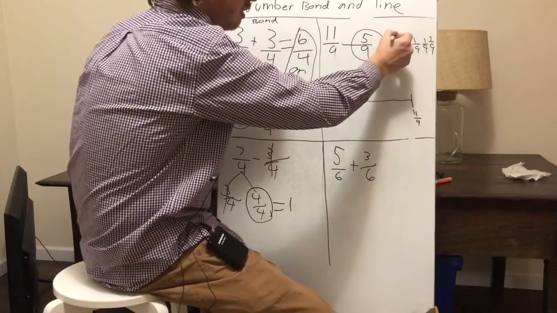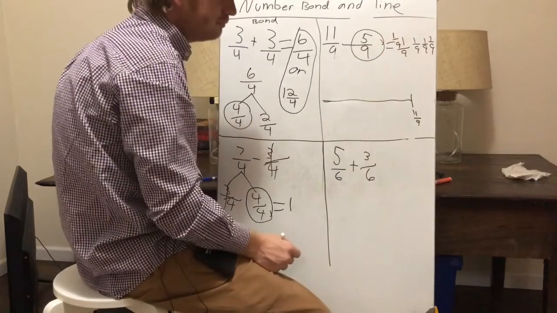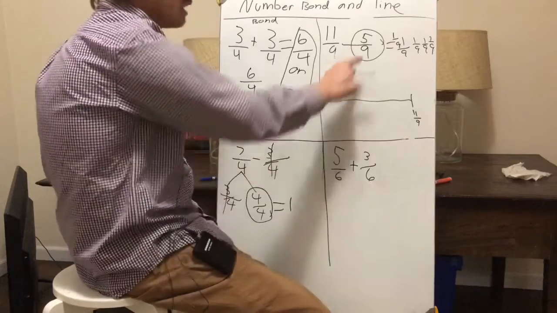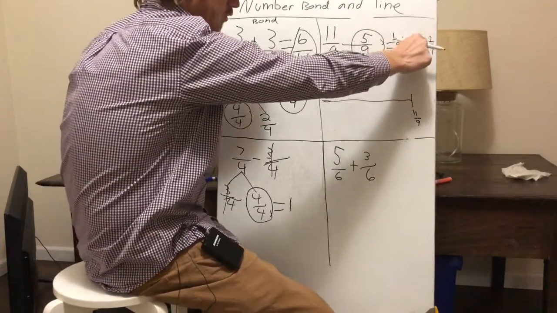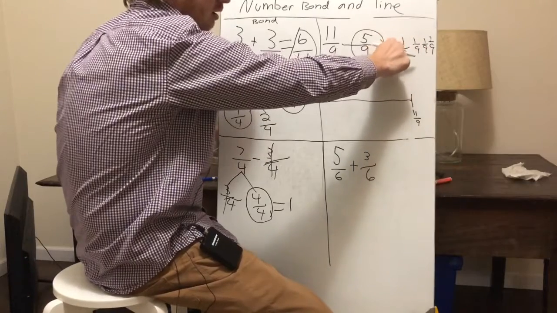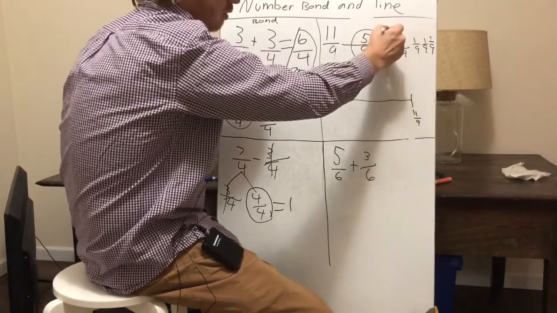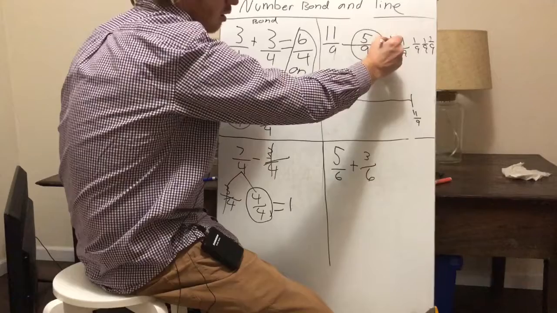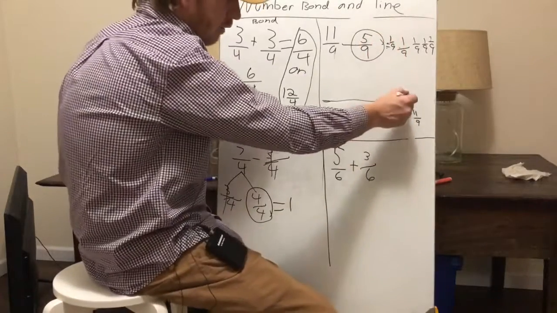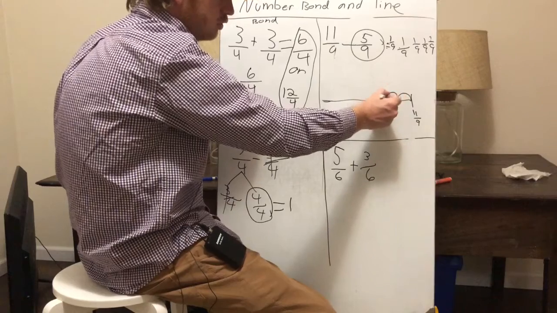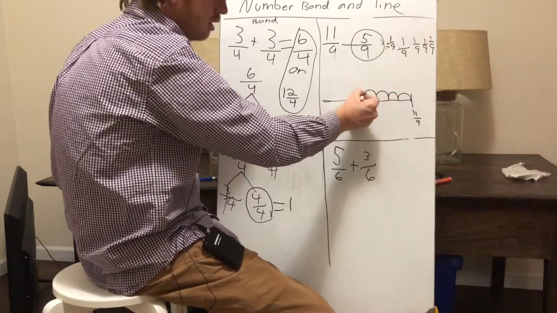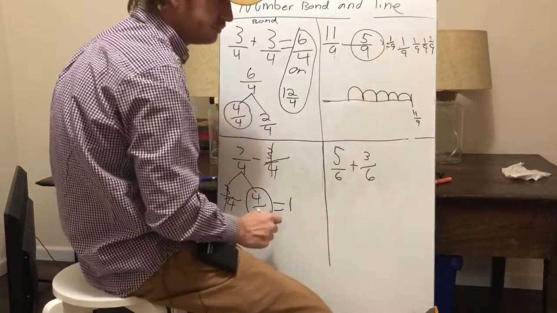So 5/9 is the same as 1/9, 1/9, 1/9, 1/9, 1/9. So when I count down, I'm going to count down 5 times.